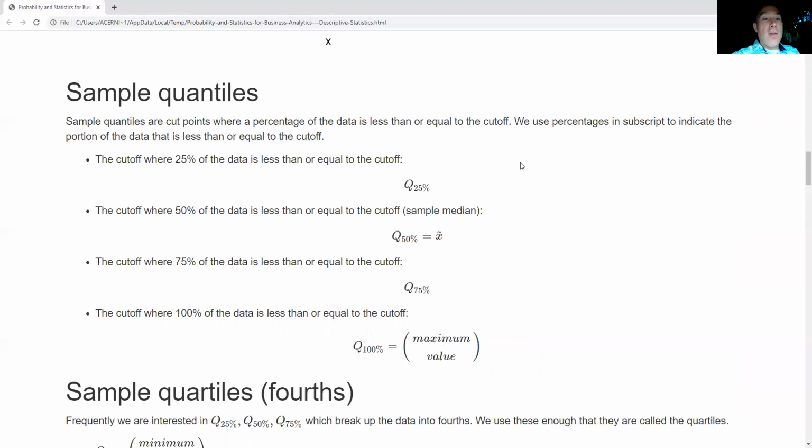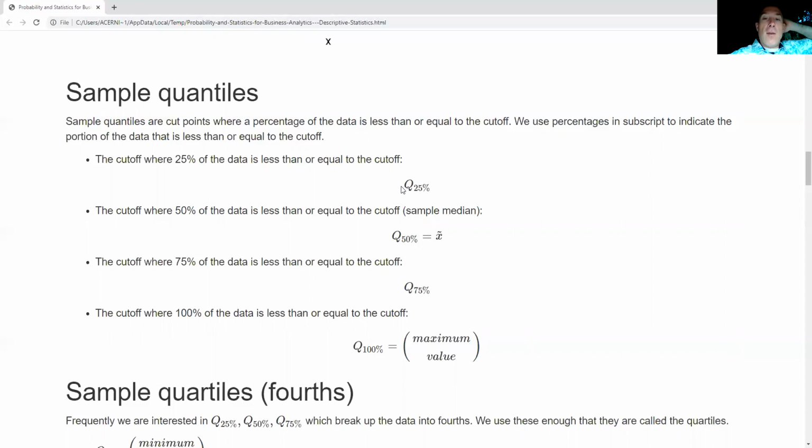I use the notation Q underscore with a percentage, and the percentage indicates the amount of data that's less than or equal to that cutoff value. The most important ones are 25, 50, 75, and 100%.